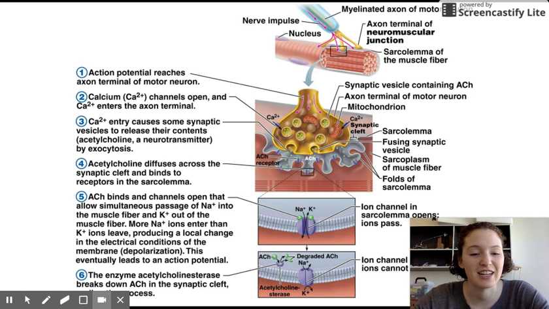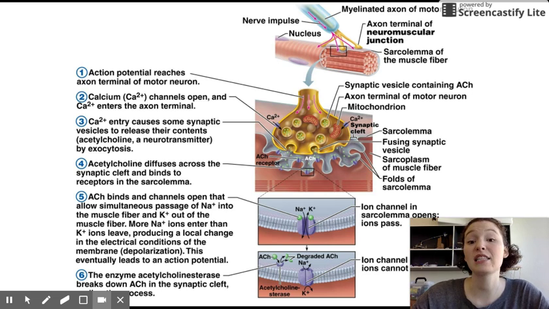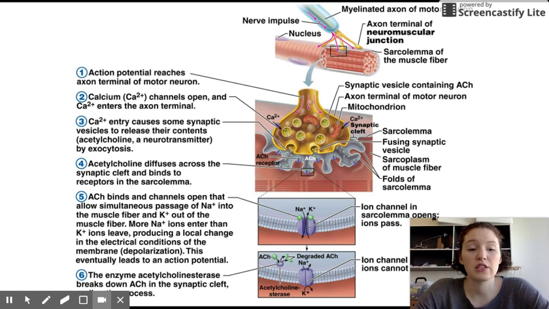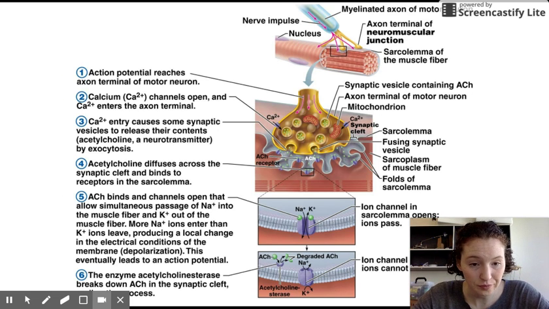It's sort of an interesting aspect here. The interior has an excess of positive ions, which reverses the electrical conditions that it used to have. This is called depolarization. And it actually opens more channels, allowing more sodium to enter. So we have lots of sodium entering the cell now, okay?